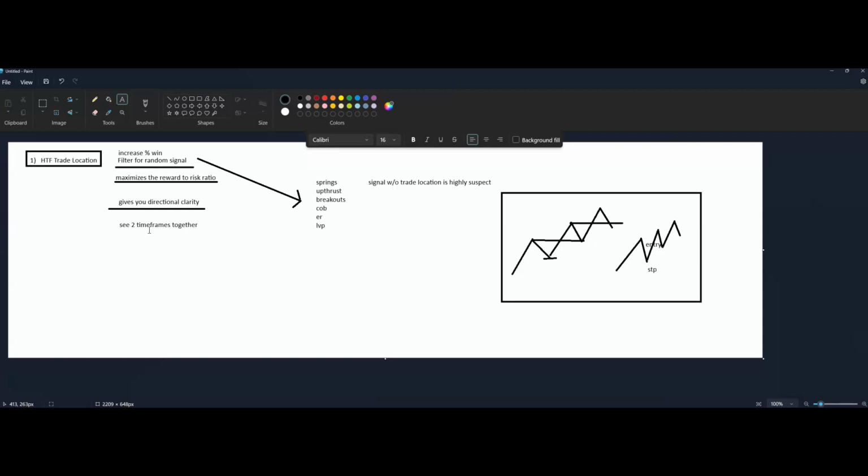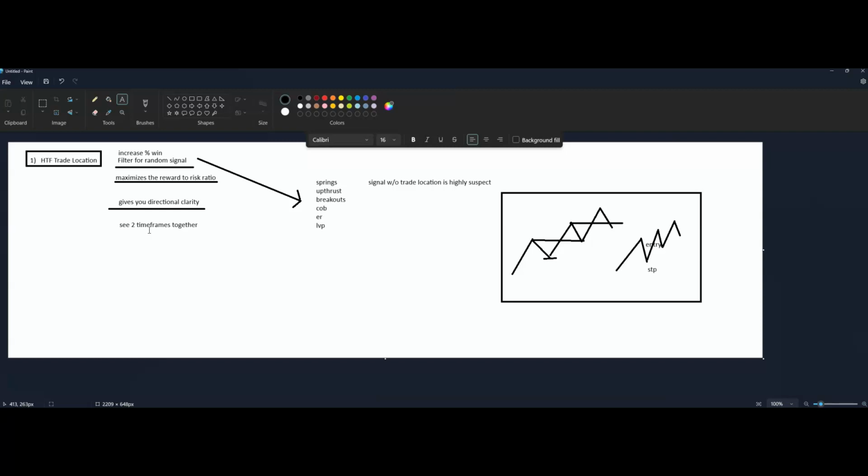If you just look, for example, at a 5-minute chart or lower even, it's a recipe for disaster because you're not getting all the data. One time frame is always within the other. Anyway, I don't know how else to say it, but it gives you directional clarity.